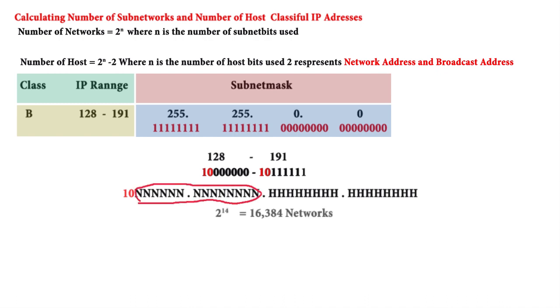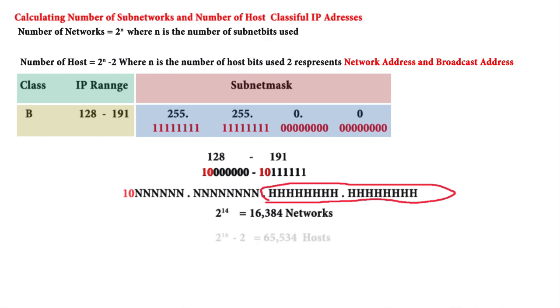Following the formula, we have 2 exponent 14, which is equal to 16,384 networks. It has 16 bits left for the host bits, so, calculating the number of hosts, we have 2 exponent 16 minus 2. We get 65,534 hosts.